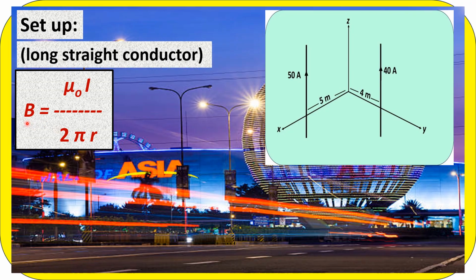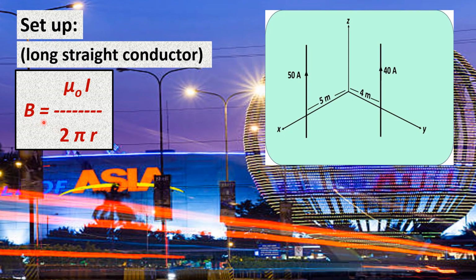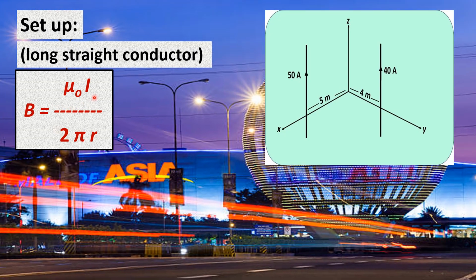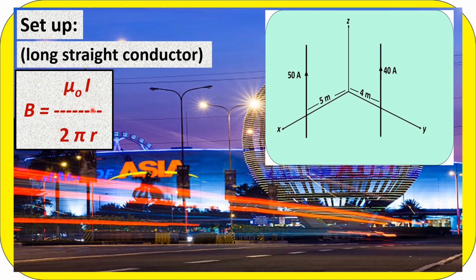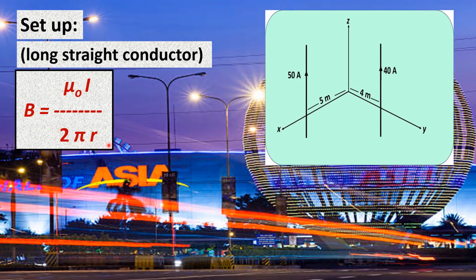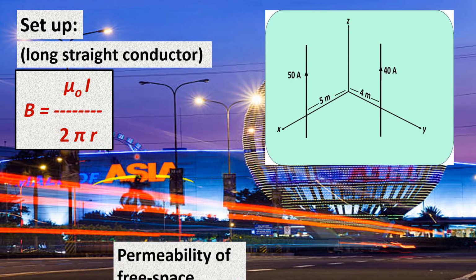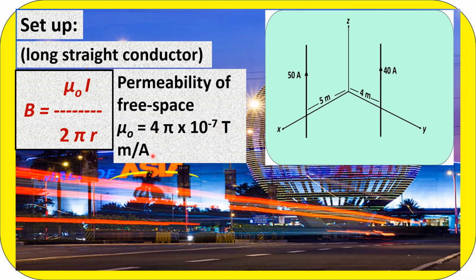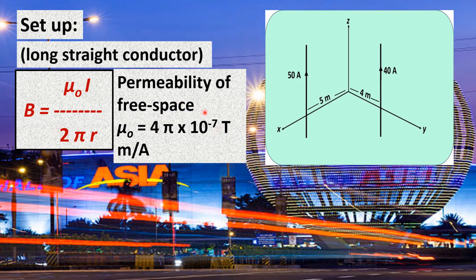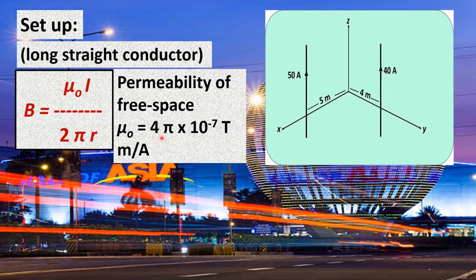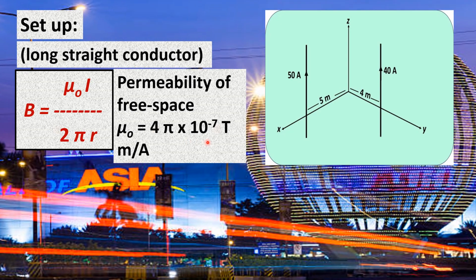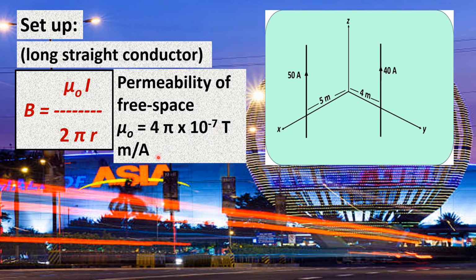The magnetic field capital B is just equal to the product of a constant mu naught times the current I divided by the product of 2 pi and the radial distance small r, where the constant mu naught is called the permeability of free space, and that is equal to 4 pi times 10 to the negative 7 power Tesla meter per ampere.